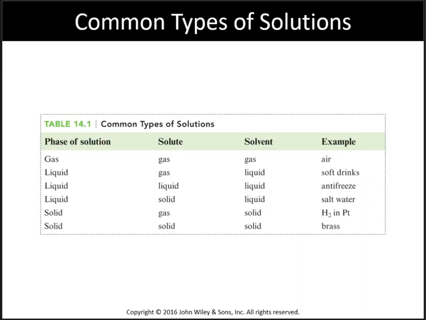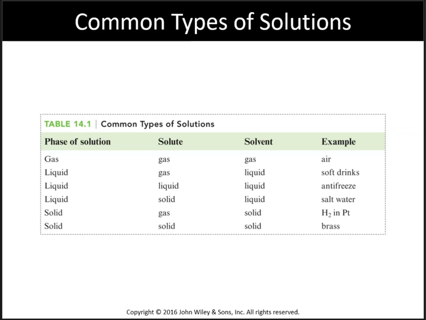So this table shows you different types of solutions. We can have a gaseous solution where your solute and solvent are both gases. An example of a gas solution could be air. You could have a solution that's in a liquid phase, and that solution could be made of gas and liquid.